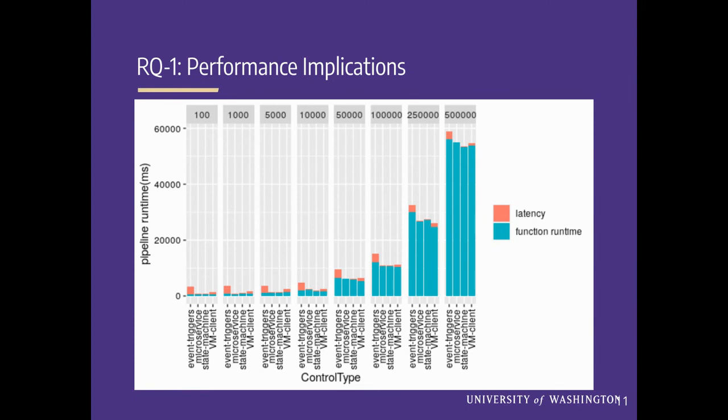Here's a graph examining our results from this. You can see that the event-based triggers method was the slowest, and that performance penalty was a pretty small overall penalty at a large data set size, but a large penalty at the smaller data set sizes.